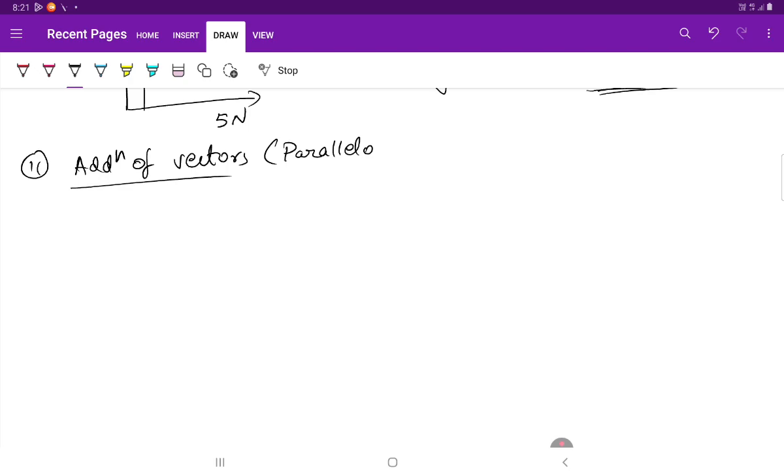Now, what we do in the parallelogram method is we connect tail to tail. Suppose here's my A vector, which I'm marking with pink color, and this blue color represents my B vector. Then the resultant is found by this method. Translate this A vector parallel to itself by connecting its tail to the head of B vector, and do the same for B vector as I've described for A vector.